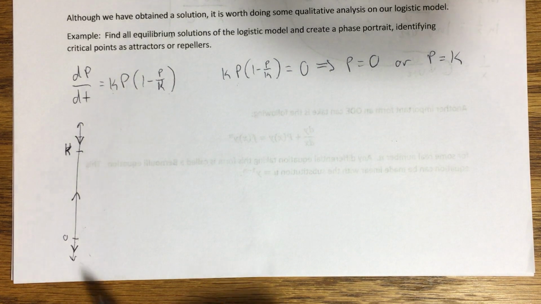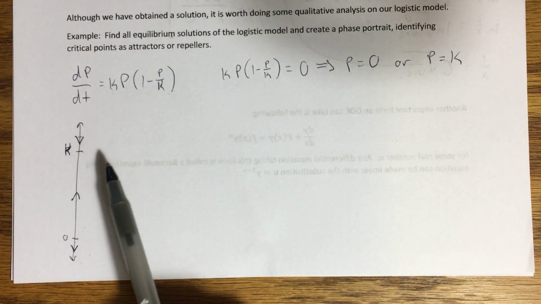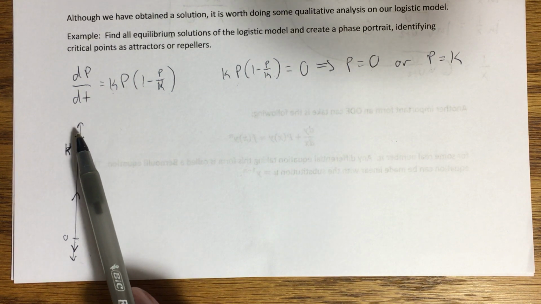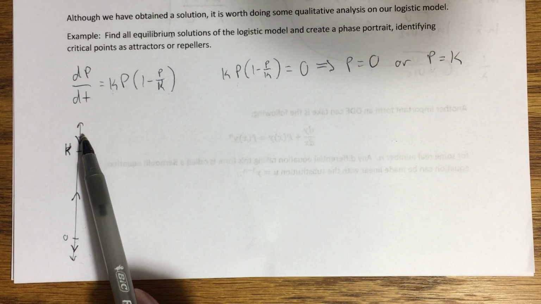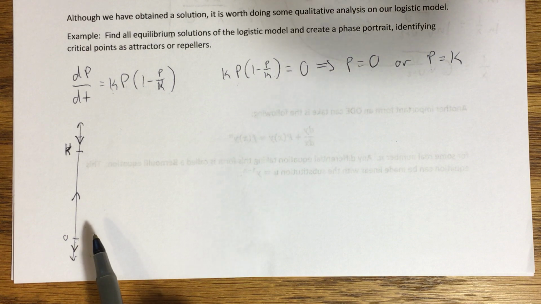Now this captures what we expect to have happen because the population, if it were to be larger than our carrying capacity, then we expect the population to start decreasing in size because we've exceeded that threshold.